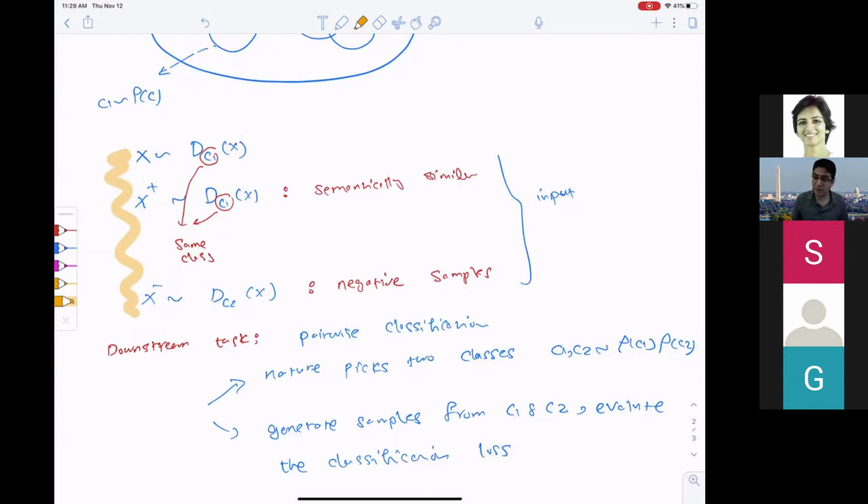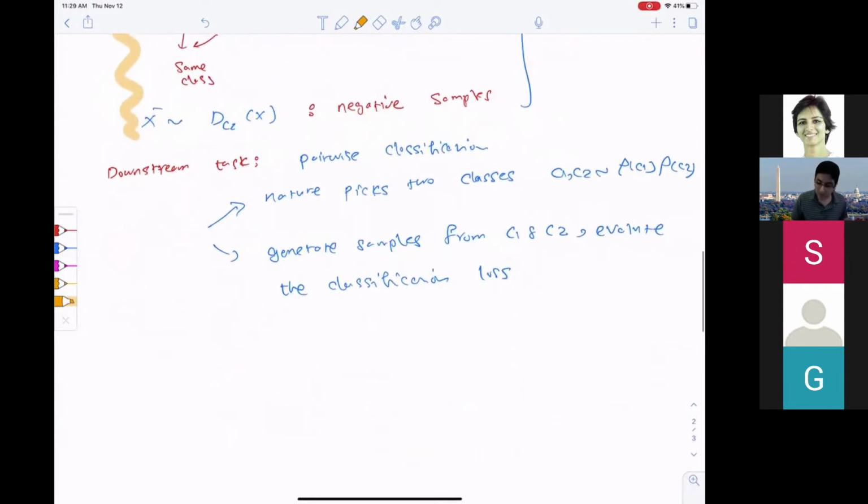Is this clear? Okay, sounds good. I just want to mention this, but nevertheless, I think they have some interesting techniques to analyze this problem, and after that, we'll look into more recent works that have less strong assumptions in terms of similar and dissimilar pairs.